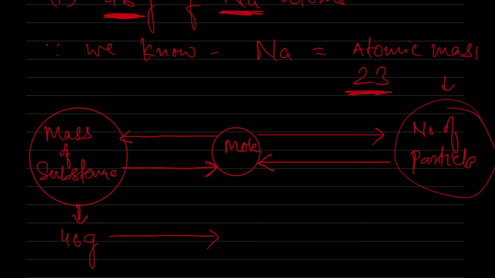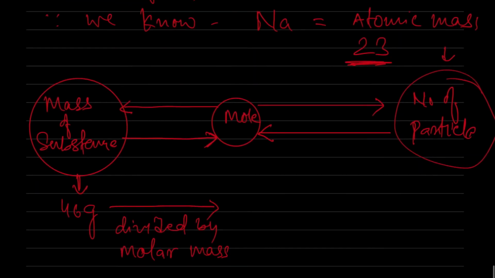How many moles are there? By dividing by the molar mass, and the molar mass we have calculated is 23 gram. So 46 gram divided by 23, we get 2 moles.